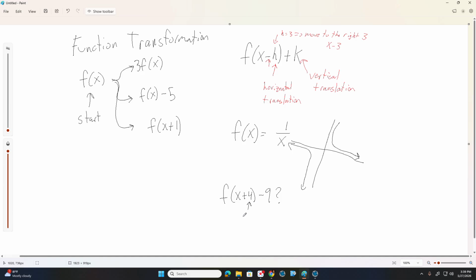Well, this is 4 units to the left, and that's 9 units, what I would call down. So, taking the same structure, moving it 1, 2, 3, 4, 1, 2, 3, 4, 5, 6, 7, 8, 9. There's my new 0, 0.